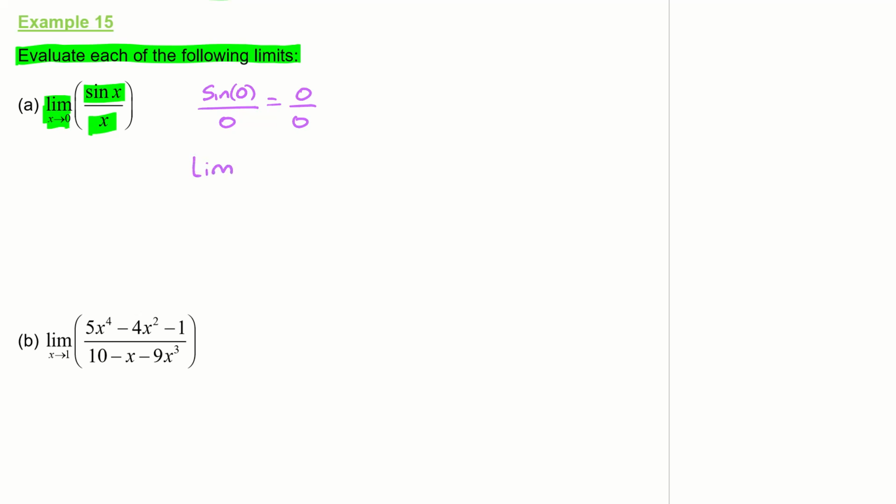So the limit as x tends to 0 of sin x over x, by L'Hopital, will be equal to the limit as x tends to 0 of cos x over 1.